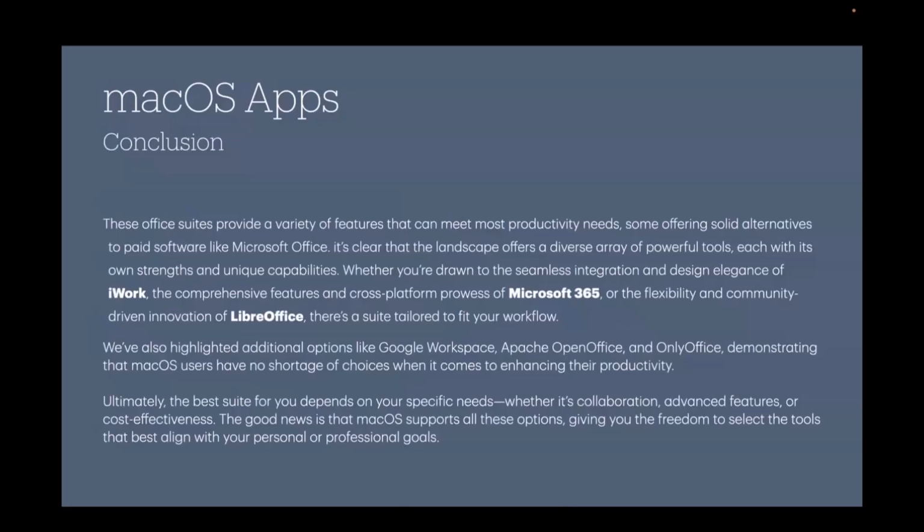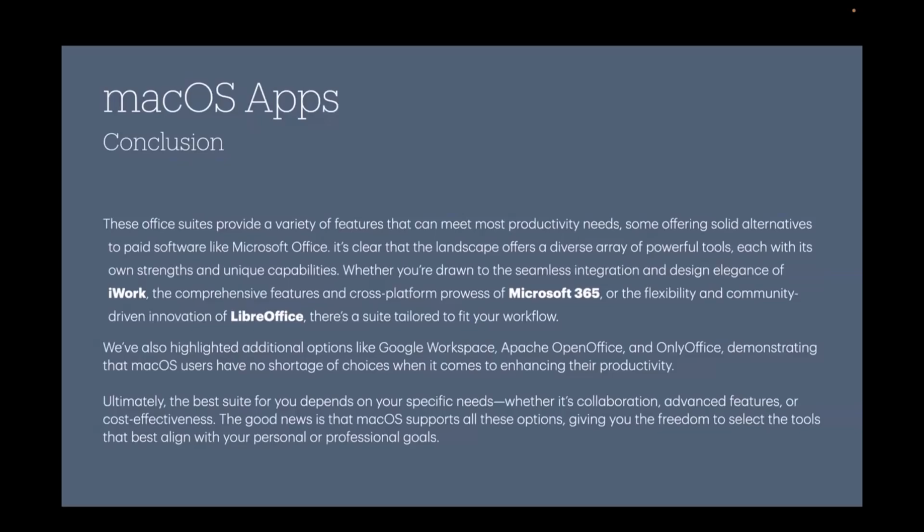So, in conclusion, these Office suites provide a variety of features that can meet most productivity needs, some offered for free and others as paid software like Microsoft Office. It is clear that the landscape offers a diverse array of powerful tools, each with their own strengths and unique capabilities.